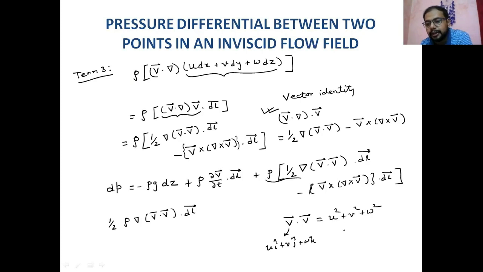So it will come in this way. That is nothing but the magnitude of v square. So this is the part: half rho del v square dot dl.